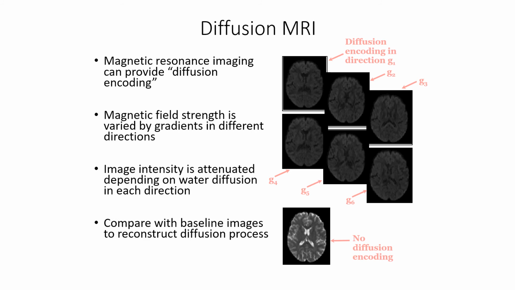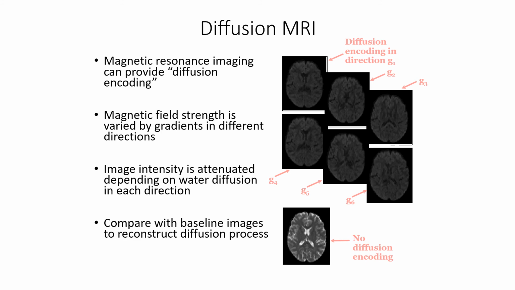And so we get this reference image. And then we acquire multiple directions, what we call gradients. And the gradients are going to be applied in different directions. And so we can think about that as looking at ways to plot our 3-dimensional space, and we're sampling in multiple directions.